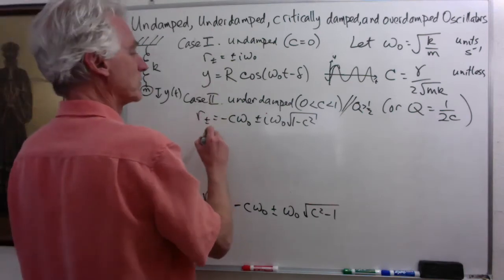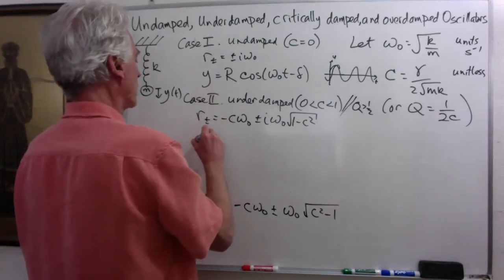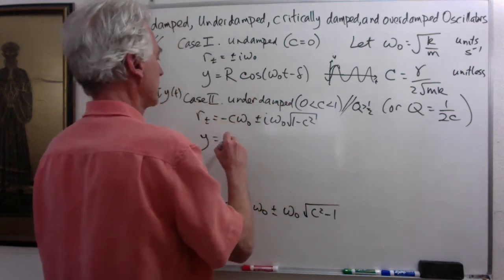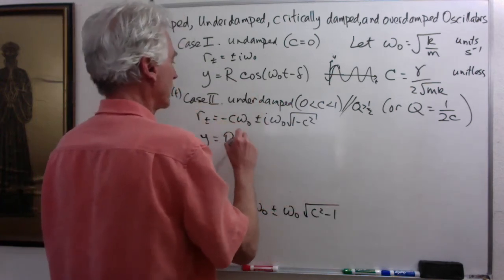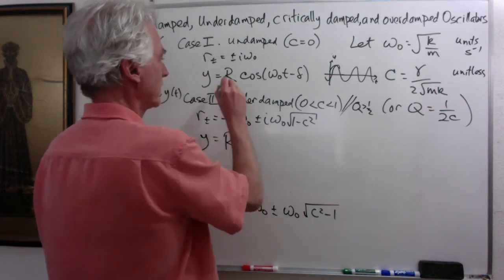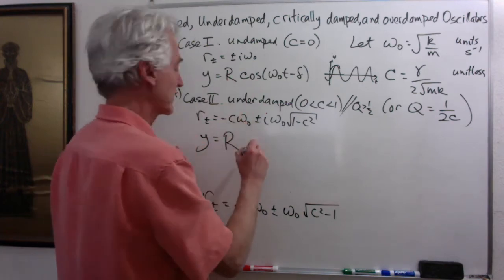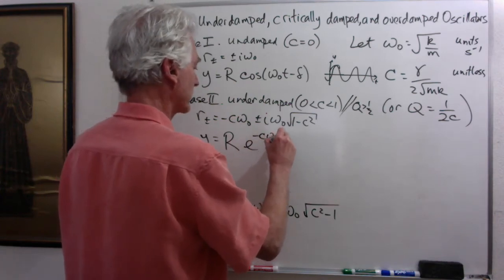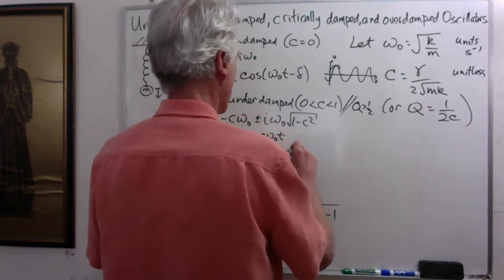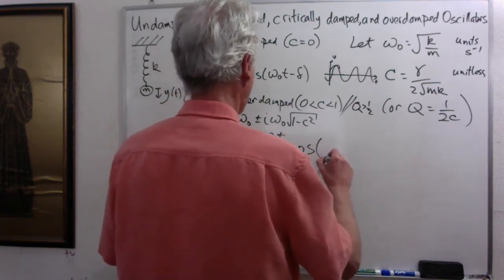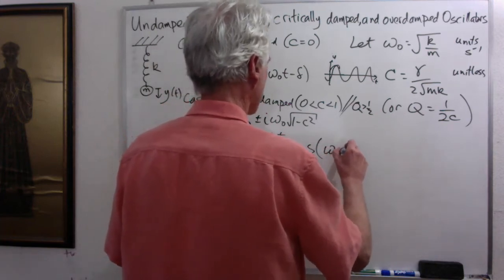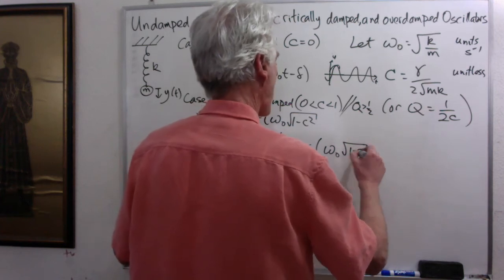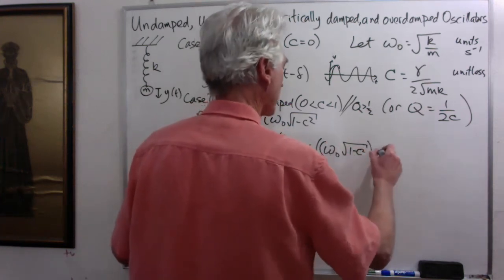So the general solution is y is, I'll use a similar kind of form. Here, I multiply the r by a decaying exponential, e to the minus c omega naught t, all times cosine of omega naught times the square root of 1 minus c squared, all times t.